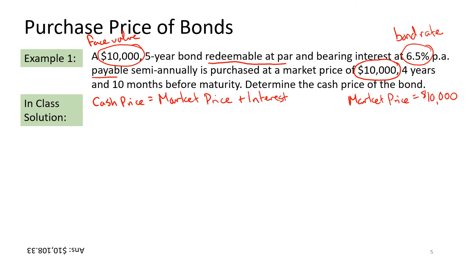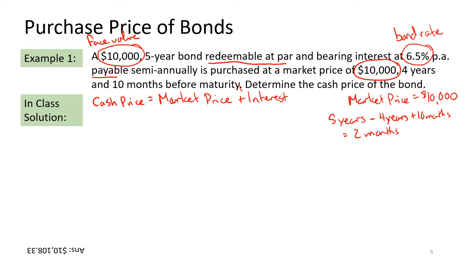And our interest has to be calculated for the period of time that we've owned the bond before you're selling it at that period in time. So the bond is actually 5 years, but we're looking at 4 years and 10 months before maturity, okay? So in other words, subtracting 4 years and 10 months, that leaves us with just 2 months that we've been accruing interest on this, right?